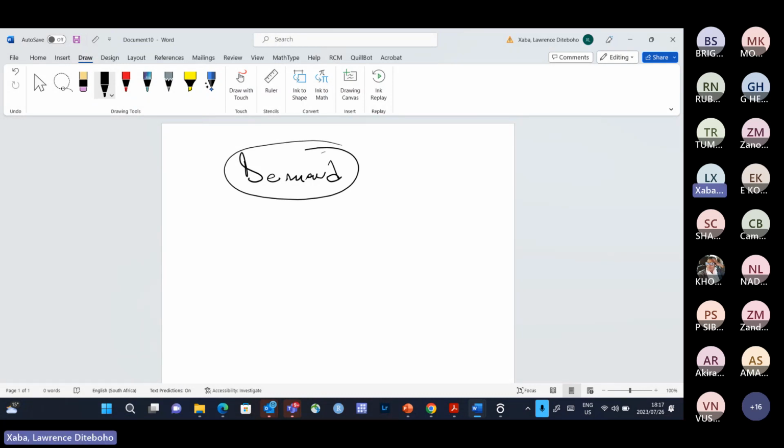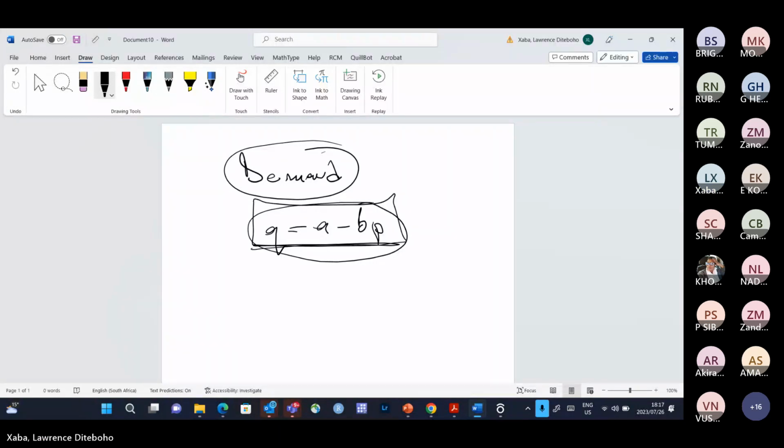The demand function we said is Q equals A minus B times P. So this is where we started. For us to come up with the price elasticity of demand formula that you're going to use to calculate it, it was derived from the demand function.